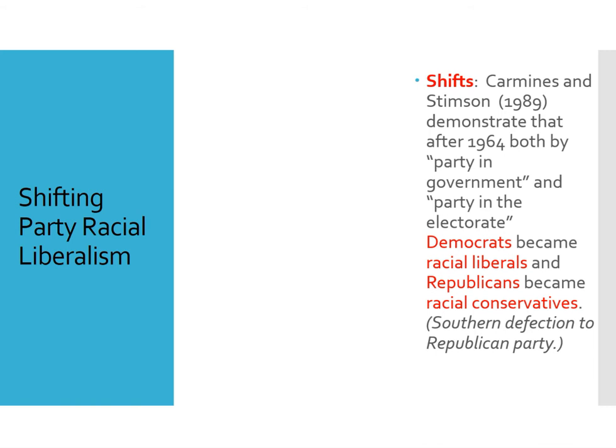In their analysis, they demonstrate that after 1964, both by party in government and party in the electorate, Democrats became racial liberals and Republicans became racial conservatives. Southern defection to the Republican Party. So on questions of civil rights policy, that's just one, but it's a very important point of clarification of how the parties began to sort themselves out in very distinct ways.